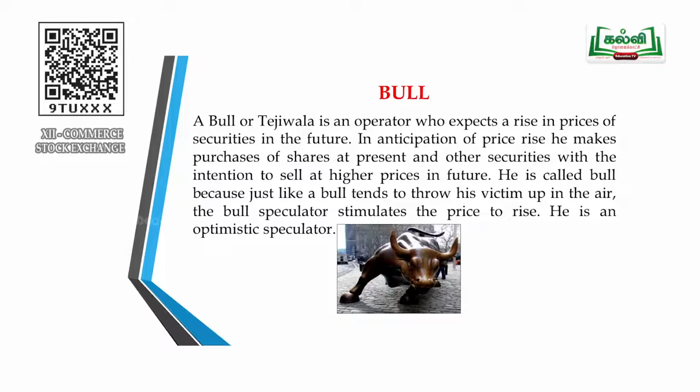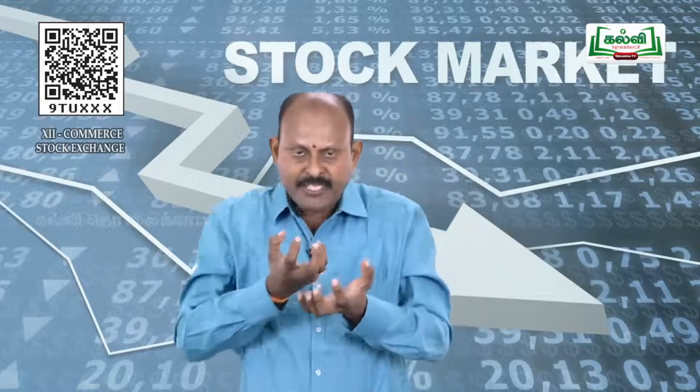In anticipation of a price rise, he makes the purchase of shares and other securities at present with the intention to sell at higher prices in future. So he purchases a share at a low price and wants to sell the shares in future at higher prices.